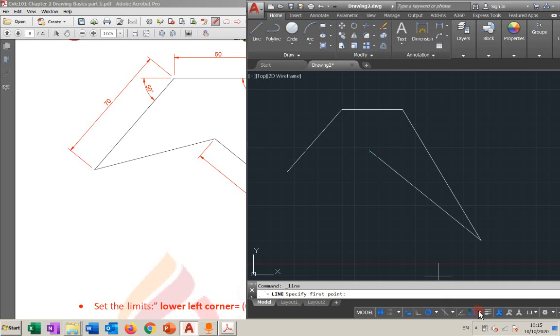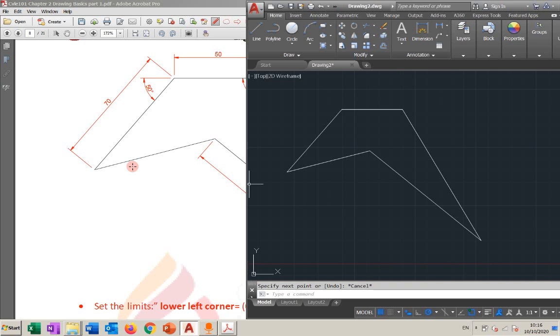Make sure that object snap is on. If it is off, if you cannot see the green symbols, do not click, because you will not end up at exactly the same point. So make sure that object snap is on, then you can see the green. You click here, then another click. This is drawing a line. This is called the first method, 2 point. But I didn't use coordinates, I just clicked them.